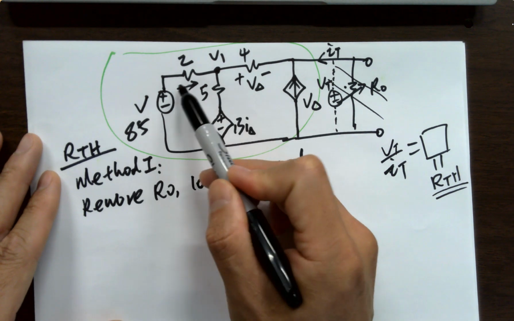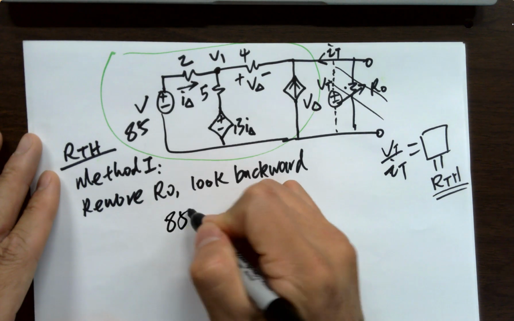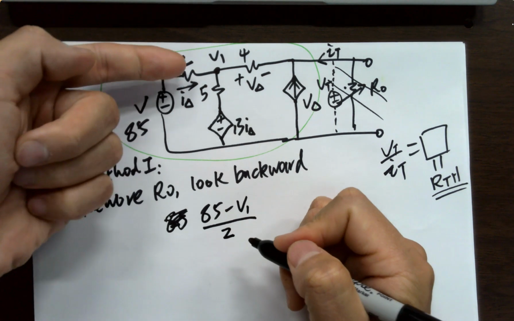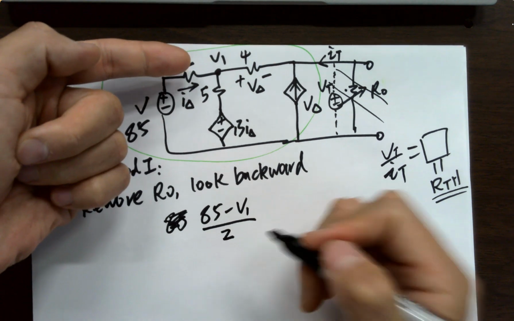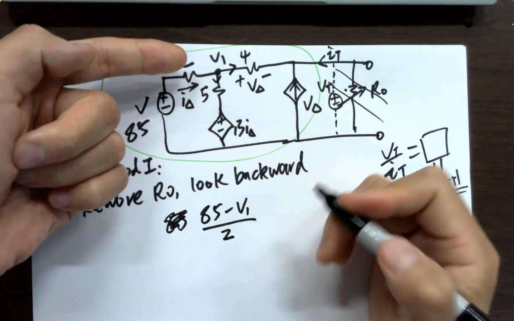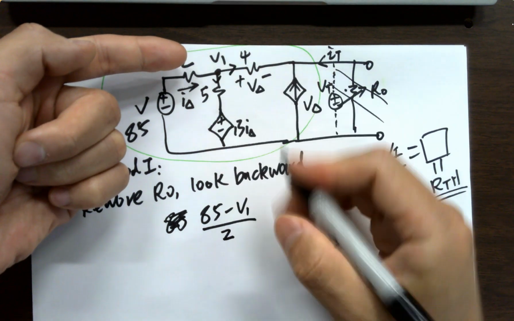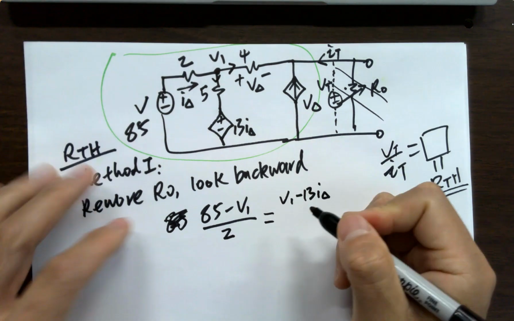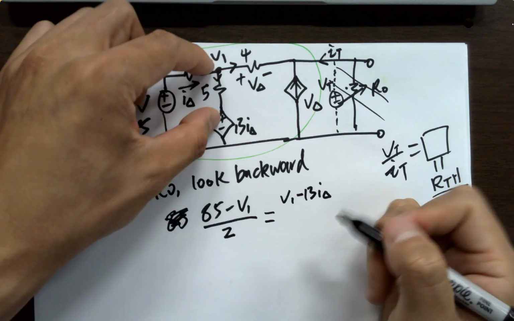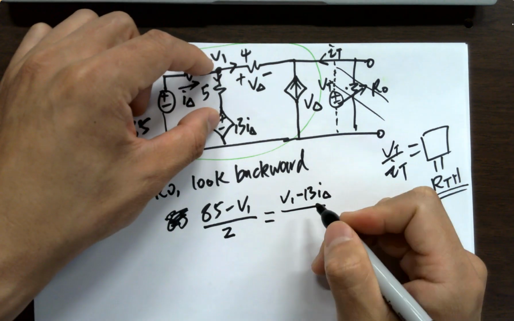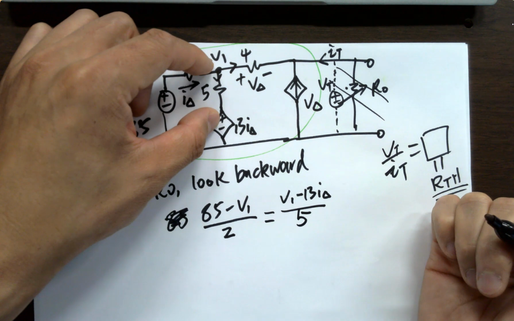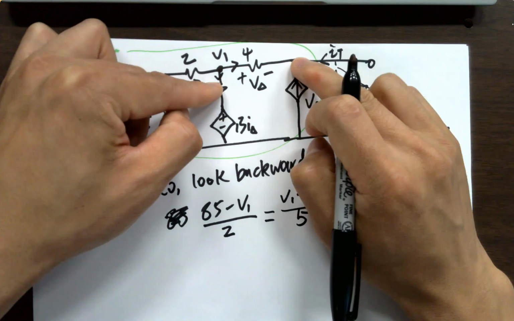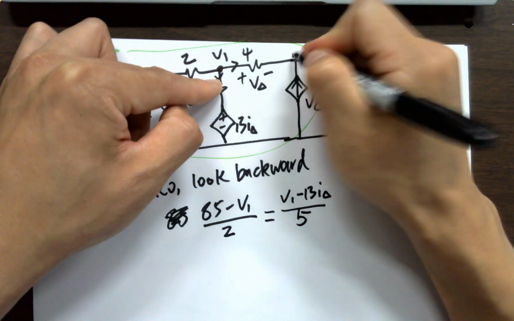Current going into it, this voltage is 85, so 85 minus V1 over 2 is going to be the current going there. And we'll assume the two currents flowing out. So the first one will be V1 minus this voltage, and divide by 5 will be the current here, right?